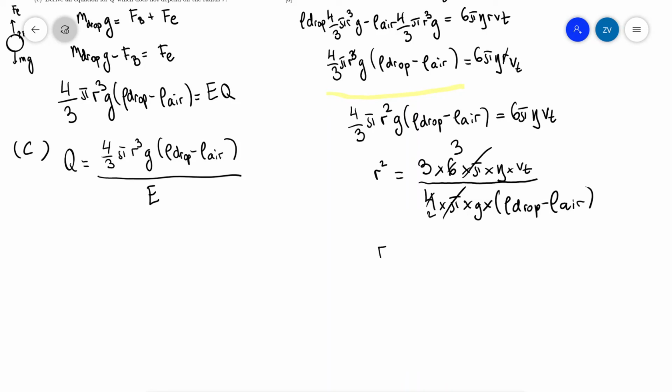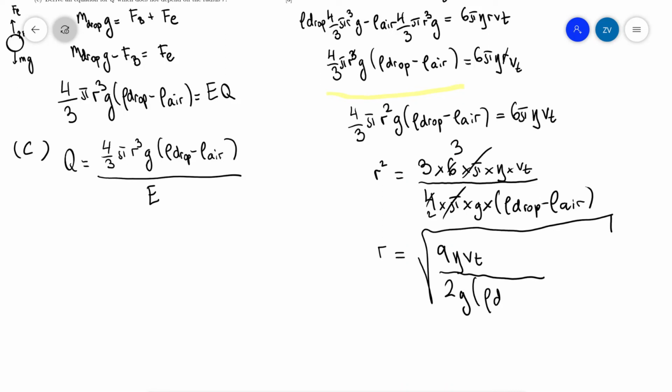So r will be equal to the square root of 3 times 3 is 9 times nu. Let's not write the multiplication sign actually, so it's going to be 9 nu Vt, and that's going to be divided by 2g times the density of the drop, take away the density of the air.